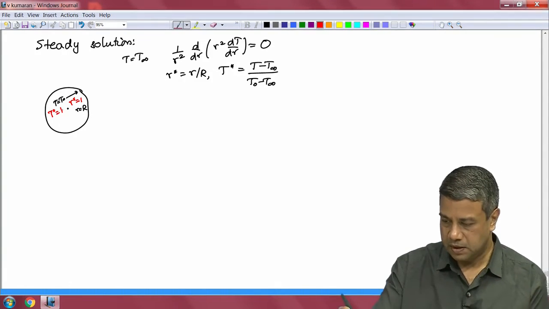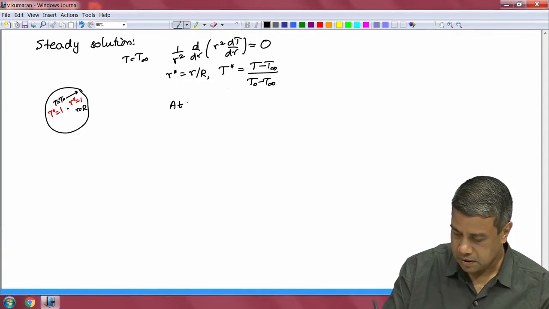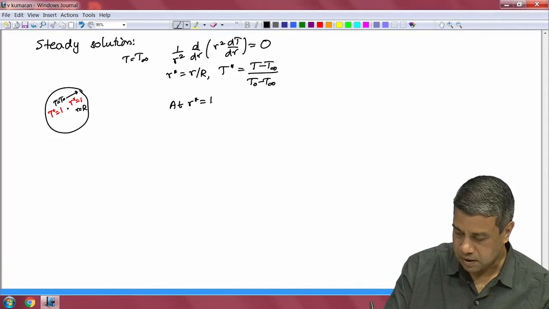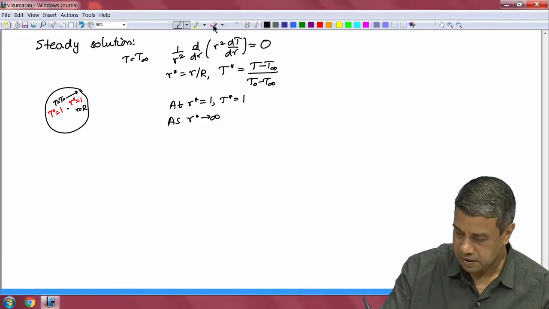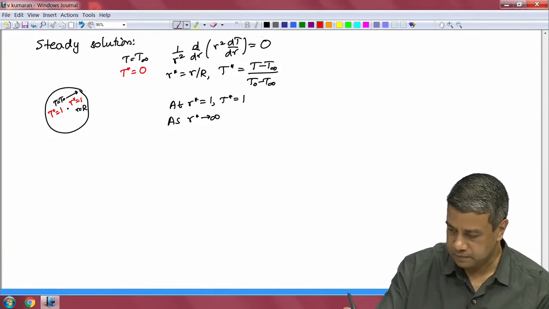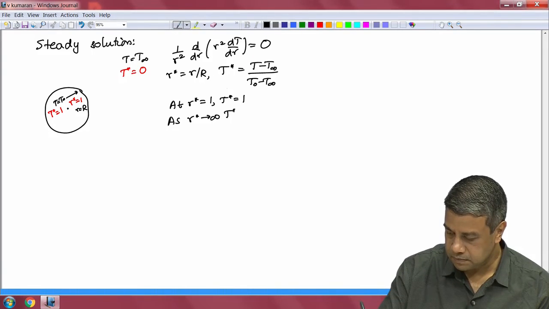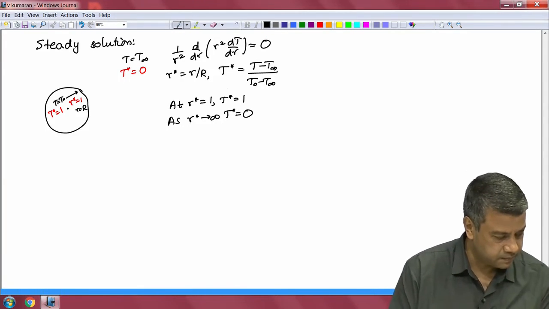Therefore, the boundary conditions are at r star equal to 1, T star equals 1. The second one is as r star goes to infinity, T is equal to T infinity, and therefore T star is equal to 0. Far from the spherical surface, T star is equal to 0.